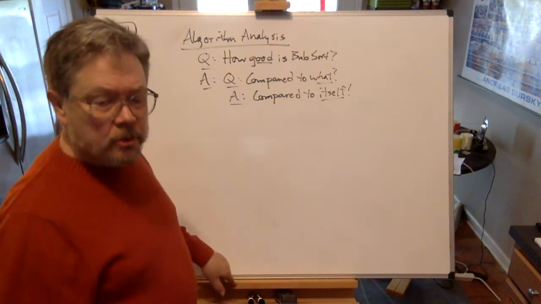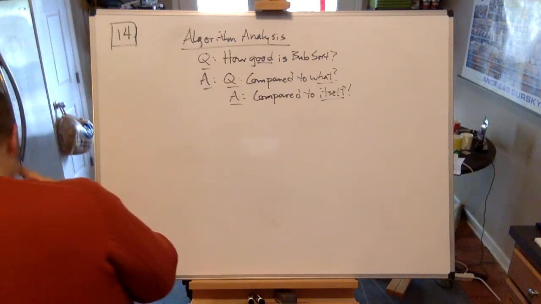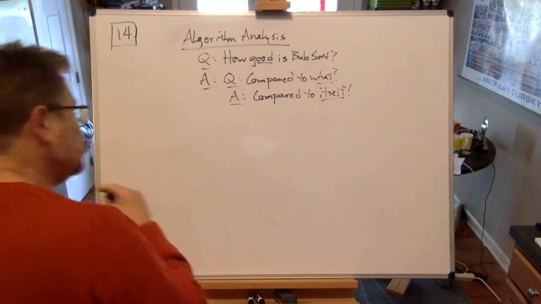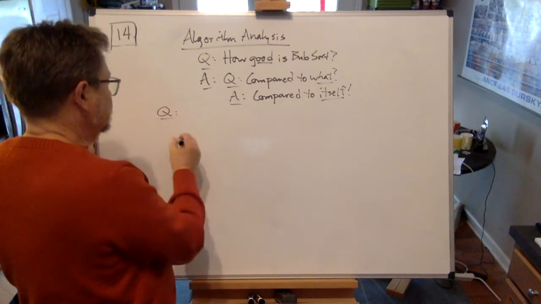We compare bubble sort to itself. Now, that sounds kind of silly, I know, but here's what we're going to do. We're going to answer this bigger question, or try to.